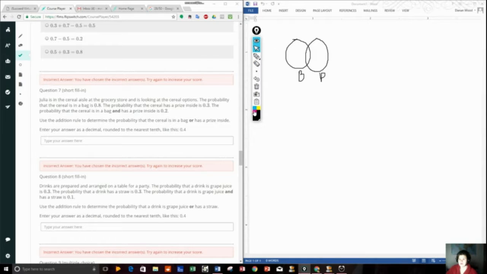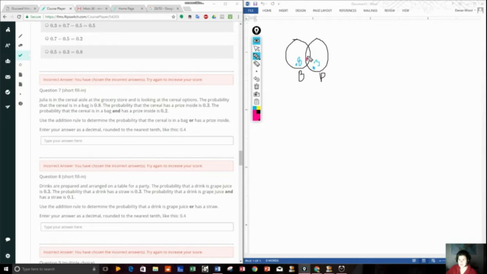Being in a bag has a total of 0.8, and then it being a prize is 0.3, but the intersection is 0.2.